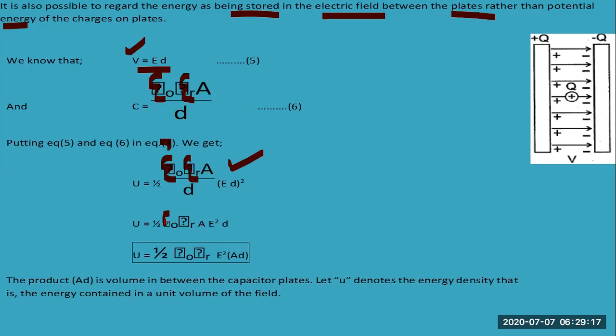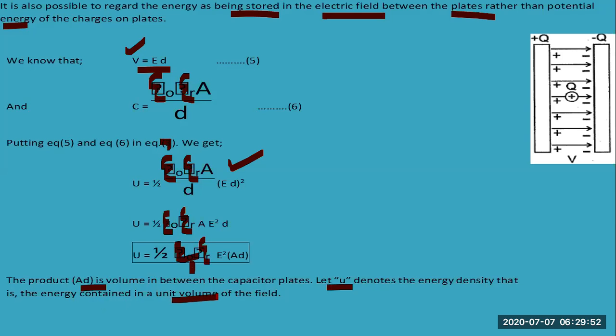If you further simplify, that is epsilon naught, again epsilon R, and A E square D. After putting in the values, here it is epsilon naught and epsilon R, E square AD, where AD is the volume between the capacitor plates and U denotes the energy density, that is the energy contained in a unit volume of the field.